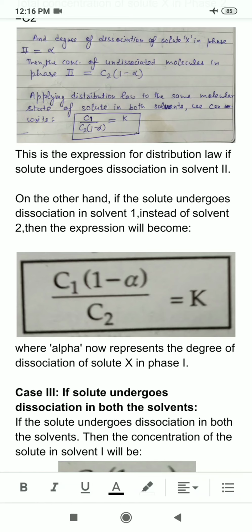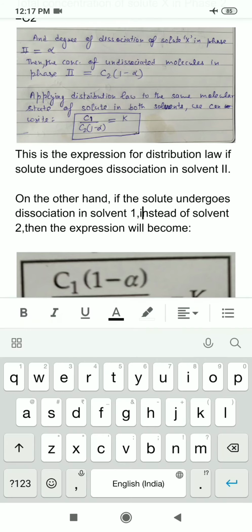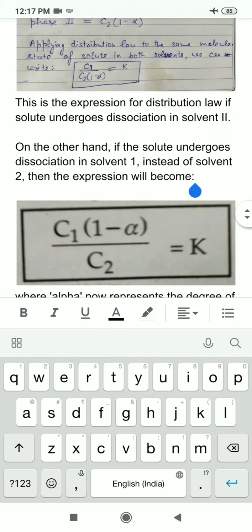Now, on the other hand, if the solute, instead of undergoing dissociation in solvent 2, is undergoing dissociation in solvent 1, then the expression will just change a little bit, because the solute is undergoing dissociation in solvent 1, so I will introduce the degree of dissociation term in the first concentration term.